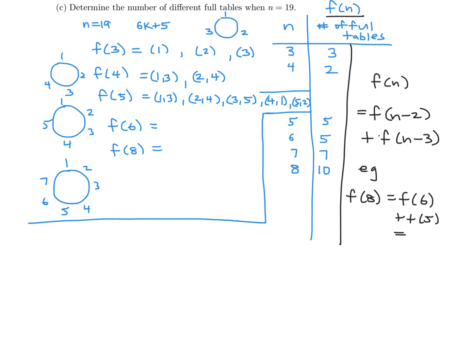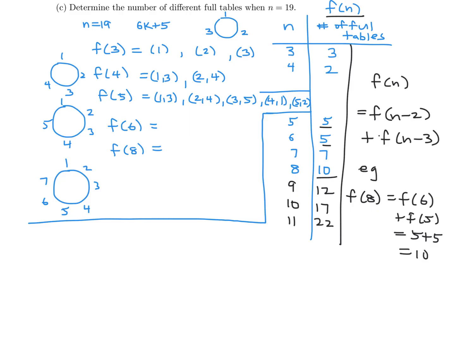So f at 6 was 5, and f at 5 was also 5. So f at 8 is 10, which it is indeed. And then you keep using that to just get other values. F at 9 would be 12, because it's going to be 5 plus 7. F at 10 is 17, and then you just kind of keep doing that.